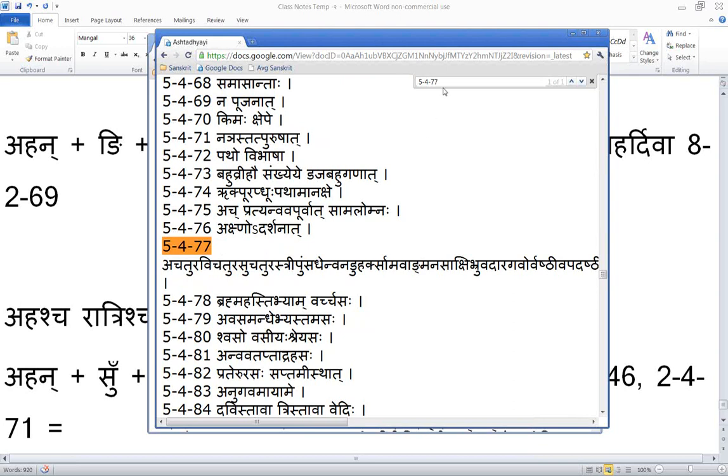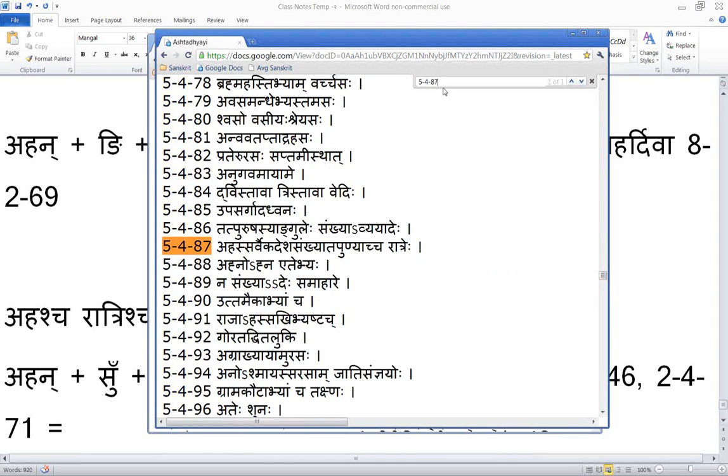And now in this 5487, Panini sticks one ahan over there for, again, a Dvandva compound. Even though this is coming under Tatpurusha, because 5486 talks about Tatpurusha, Tatpurushasya, sankhya avyayadehe.